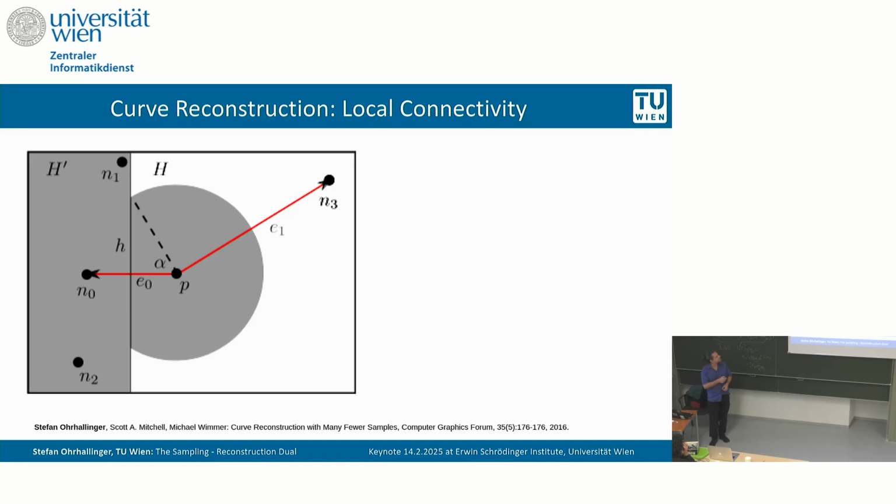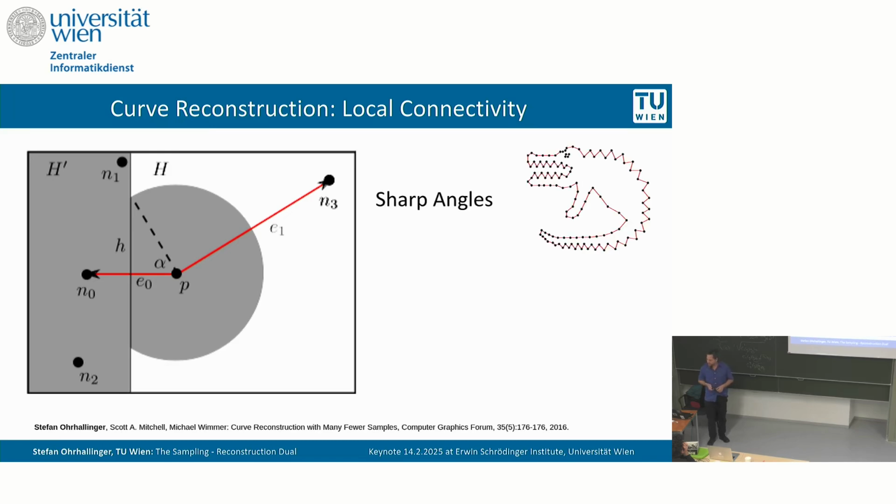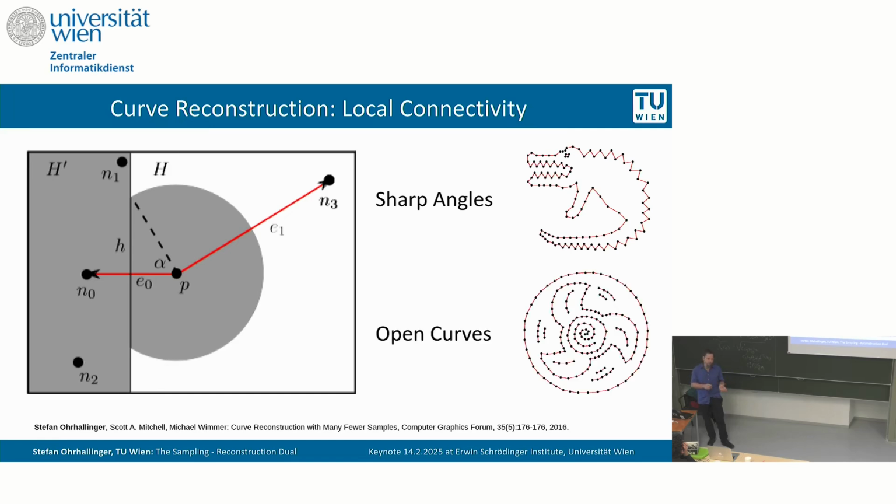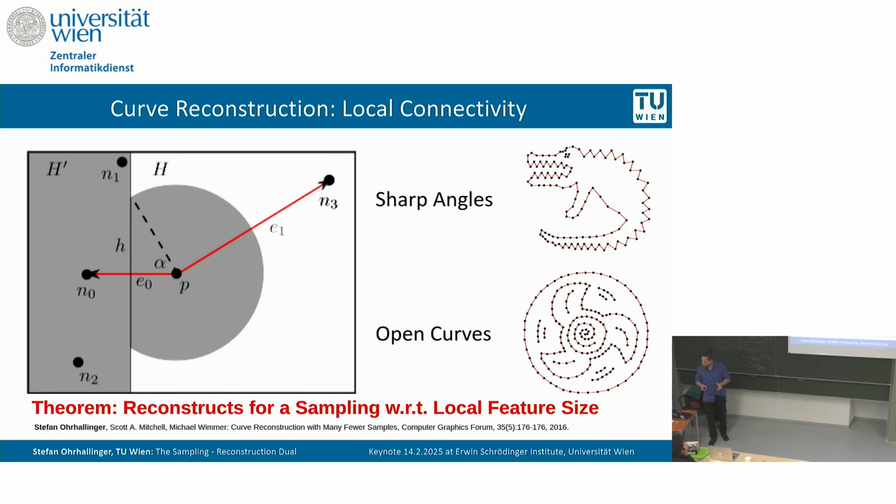And also, these points cannot be closer to each other than to this point P. So this gives us very good results on sharp angles, as you can see here. And it manages not only to reconstruct several shapes in the point set, but also open curves. Also, there is a guarantee for a sampling condition, which I will explain later, that corresponds to the size of the local feature.